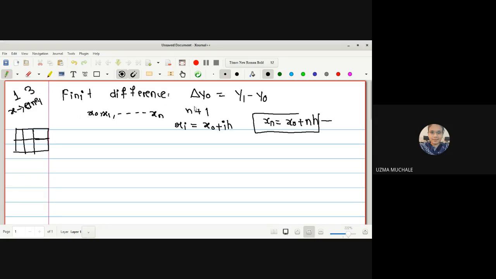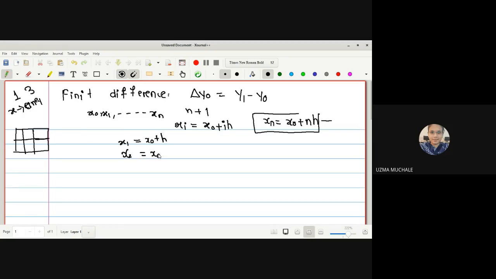But here in finite differences, what is the extra condition? Xn is equal to x naught plus nh. What do you mean by this? The difference between any two consecutive values is always constant. x1 will be x naught plus h, right? What will be x2?